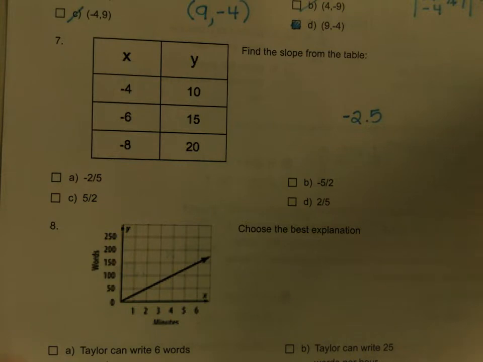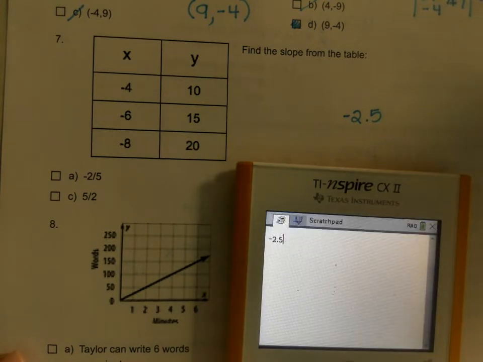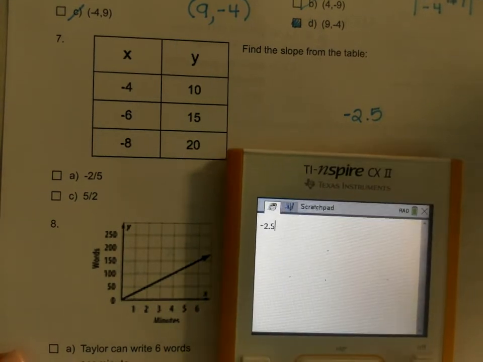In fact, if I go back home, I go to calculate. This brings me to my home screen. So negative 2.5.